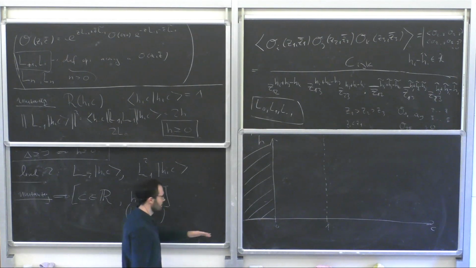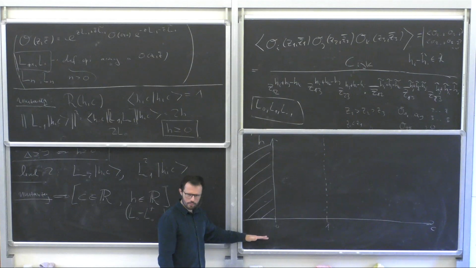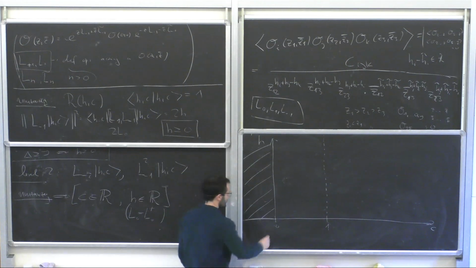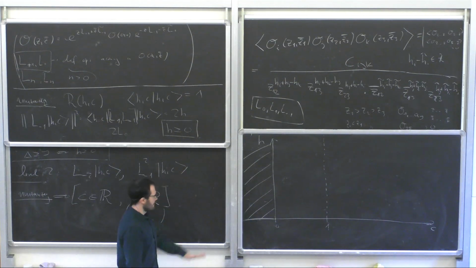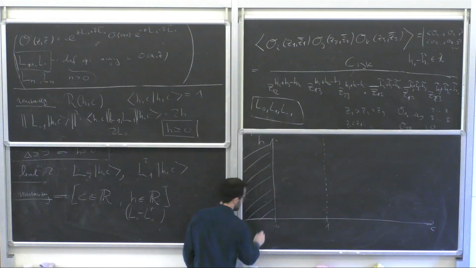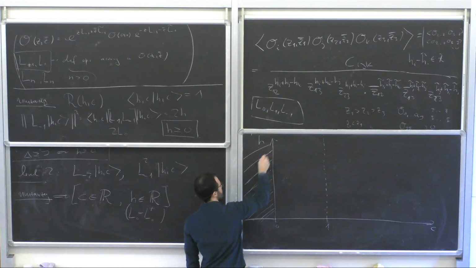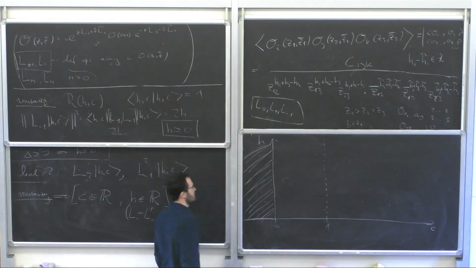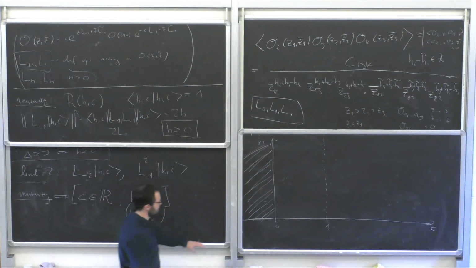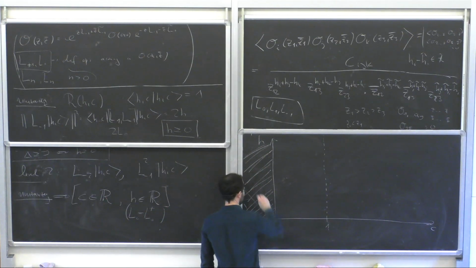For h equals 0, you can just look at L minus 2 dagger. But it's a true fact: this is disallowed. If your C is non-positive, then the representation is not unitary.